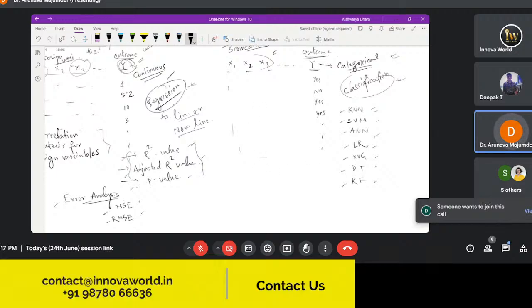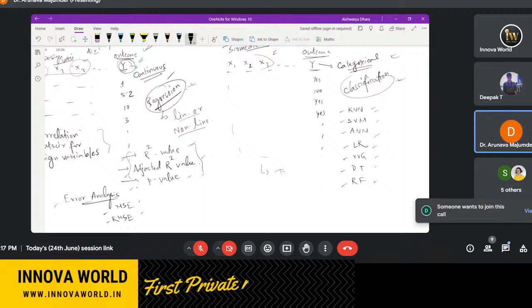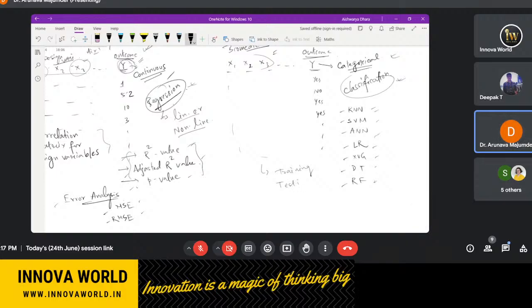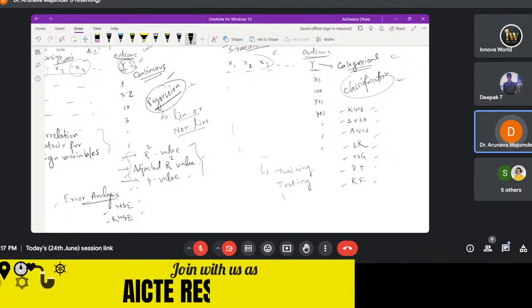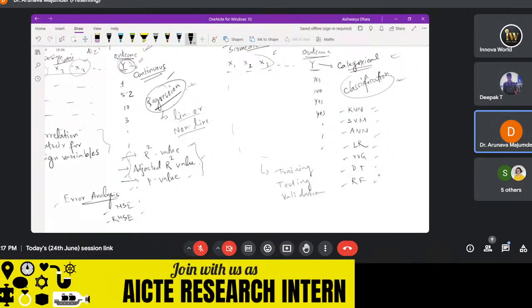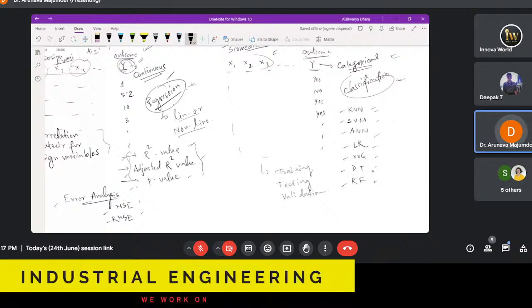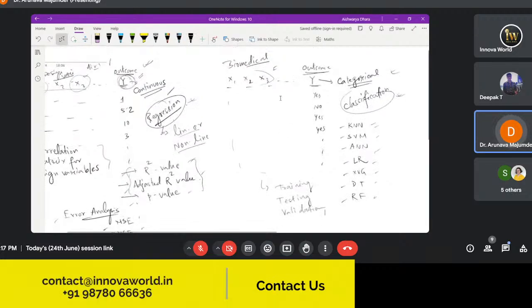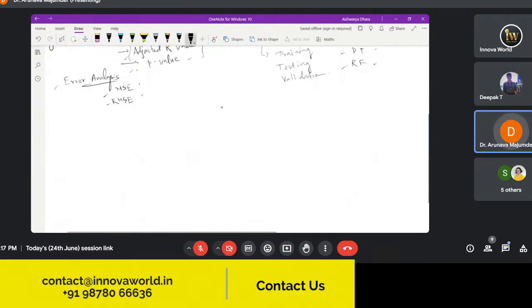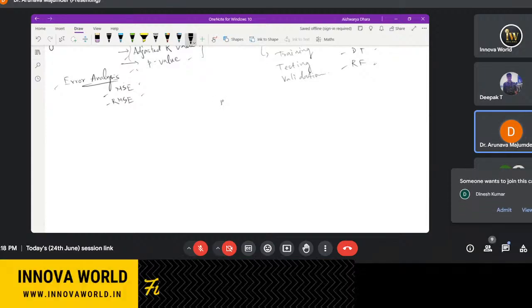A percentage of the dataset you use for training, and some percentage is used for testing. So what are the analyses we need? Now I'm talking about the classification case. The first and most important one is called the confusion matrix.